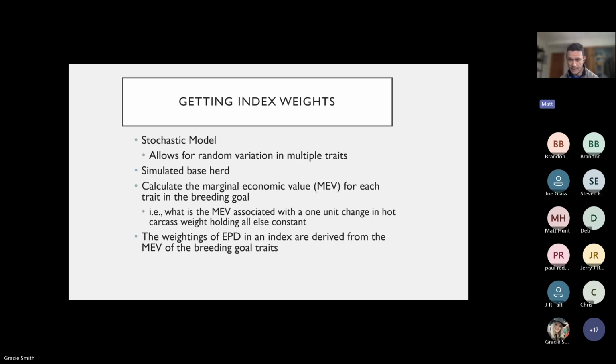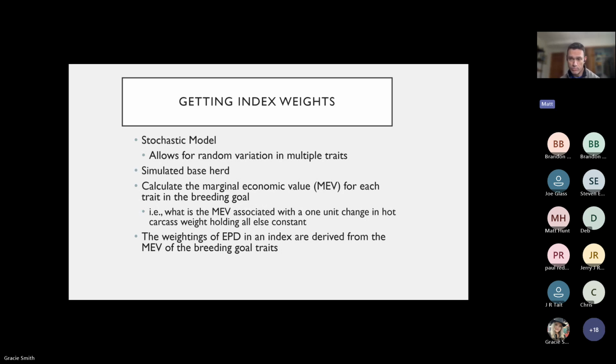A proxy for that calculus, and actually a very useful proxy, is stochastic simulation. What stochastic means is that you take into account there's random variation. And the benefit of simulation is that you can simulate, and in today's language we'd say creating a digital twin of a large beef cattle population, and be able to look at the economic impact of making a 1 unit change in a trait and holding everything else constant.